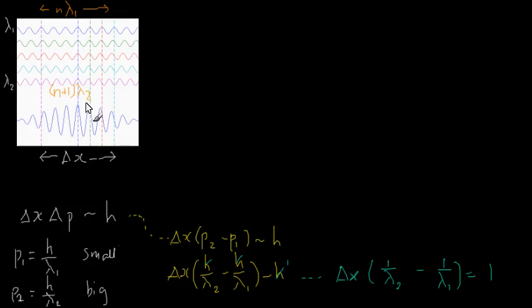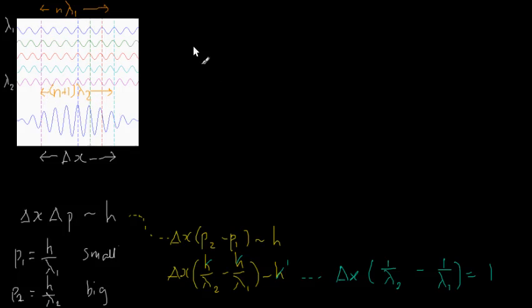So an additional wavelength, because this lambda 2 is shorter than lambda 1. Okay, an additional wavelength where the destructive interference becomes quite significant. And these two are equal. See, those two are equal.